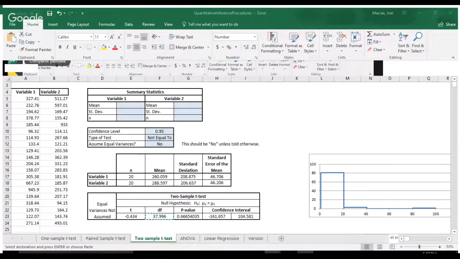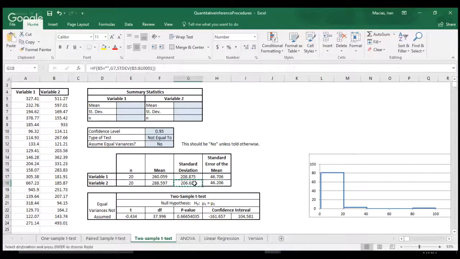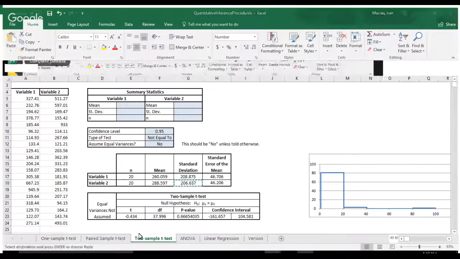What is the sample standard deviation for Rexburg? For Rexburg, that's variable 2. It's 206.637. Okay, 206.637. The test statistic was negative 0.434.